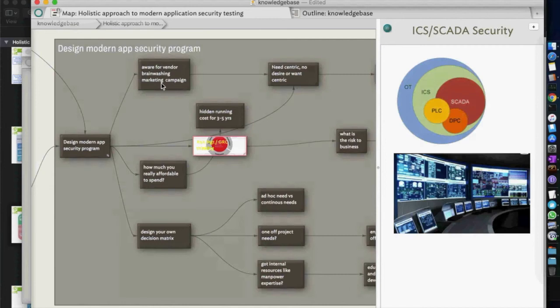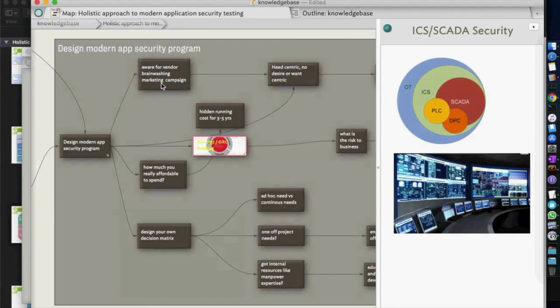You need to be aware of all the vendors in the market. They are selling products, and they will definitely try to brainwash you in a lot of ways through their marketing campaigns. I use the word brainwashing. Either they make a very aggressive sponsorship for some analyst report to get a very good ranking or whatever, right?